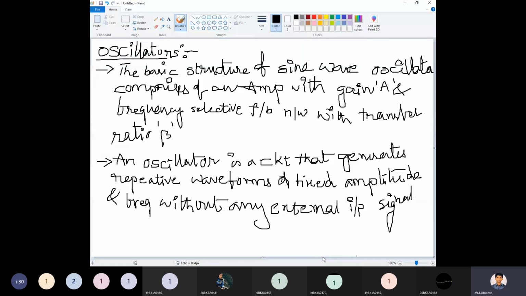It is used in radio, television, computers and communications.